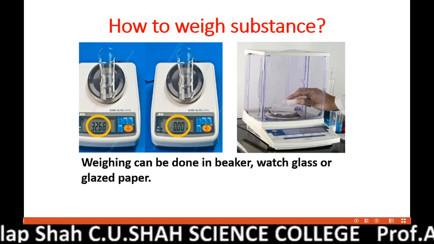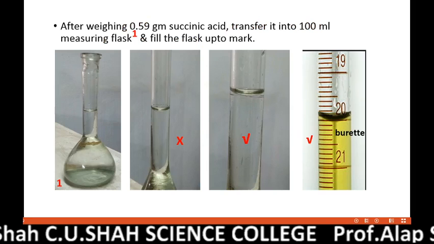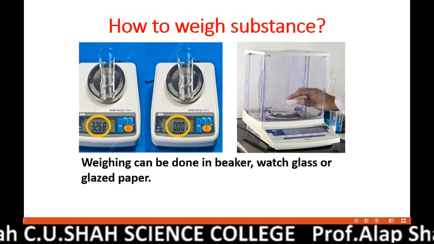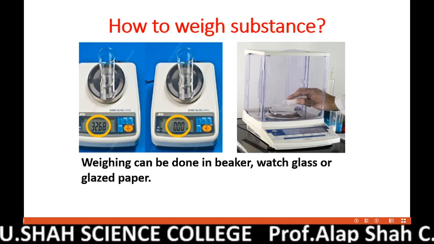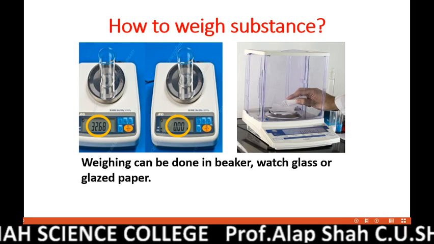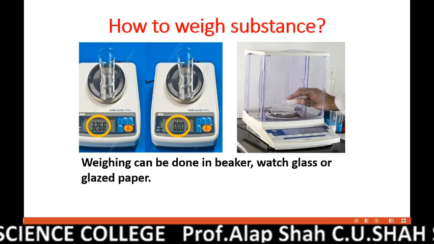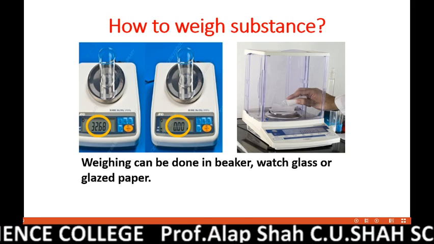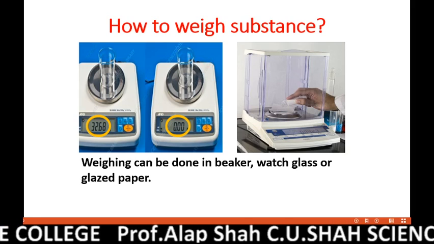Thoroughly dissolve it. Add it properly into the measuring flask. At every step your skill is required, but at the same time it is very easy. In the next part we will discuss, after preparing this standard solution, how we can determine the concentration of the unknown solution.